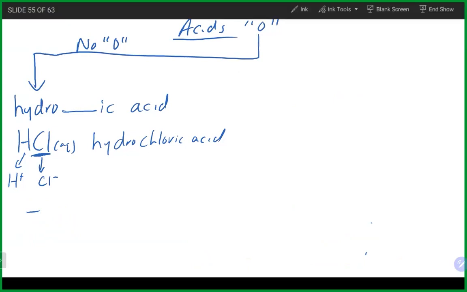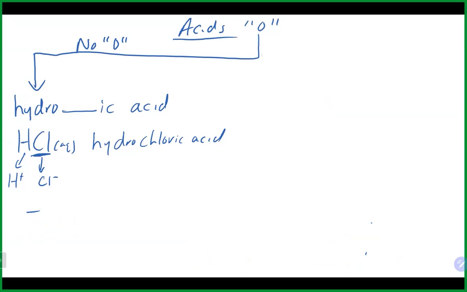So if we have an acid and the answer is yes, there is oxygen, it will contain your polyatomic ion. And as we saw, they pretty much end in ate or ite. These are also sometimes referred to as oxyacids because they contain oxygen.